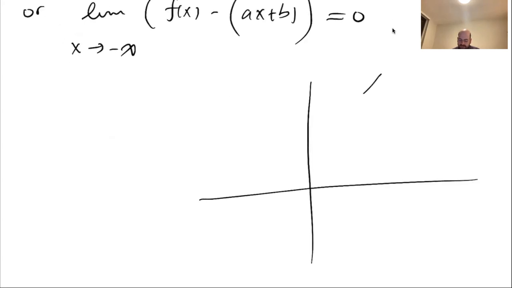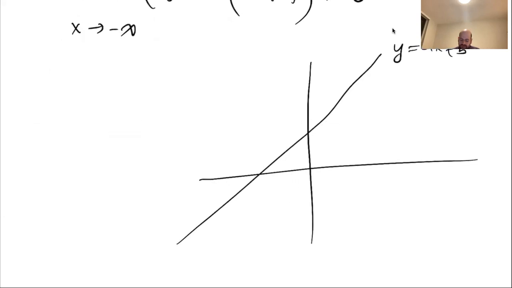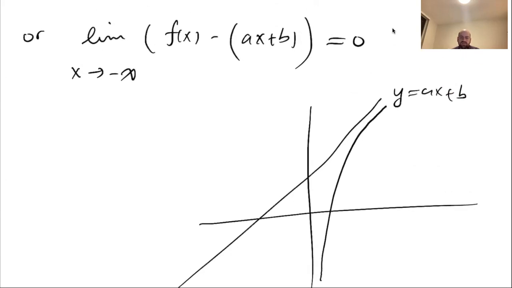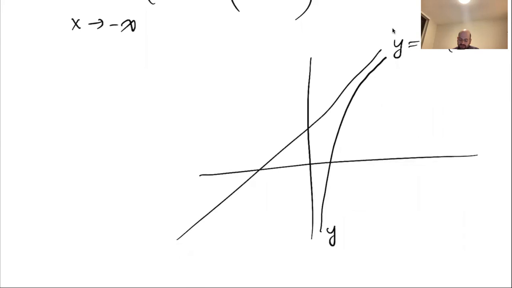So let's say, for example, this could be your line y equals ax plus b, and this function here gets closer and closer to this line as x goes to infinity. So this is an oblique asymptote for this function y equals f of x.